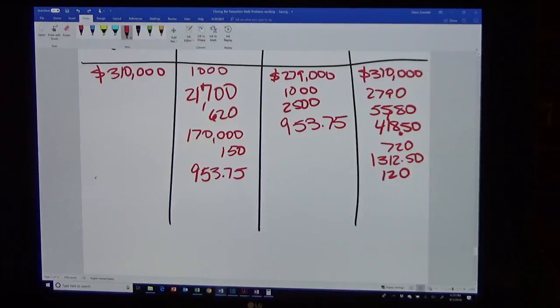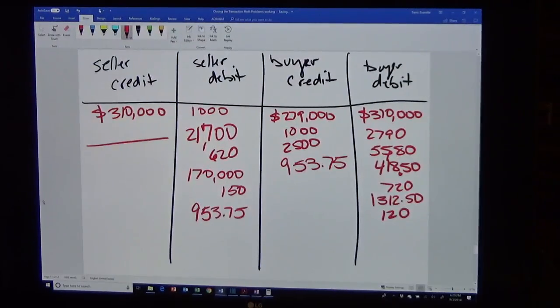So, let's do that. Well, easy to total seller credits right here, $310,000.